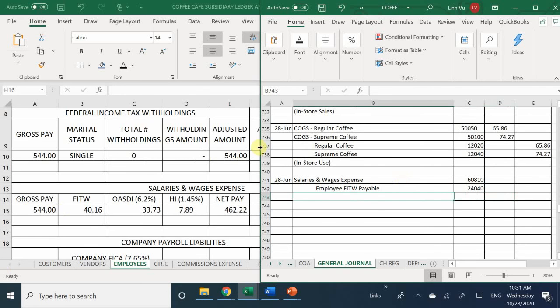Then the employee HI payable. It should be 30, not 40. Oh, it is. My apologies. Yes, that's the 30, because the OASDI is 40. Are we doing that one as well? Yes, we have to include that. That's Social Security. So we can do that one next. That'll be 24,040.